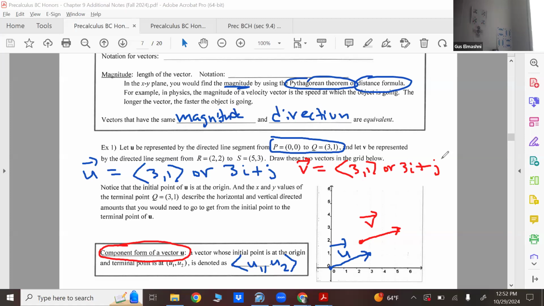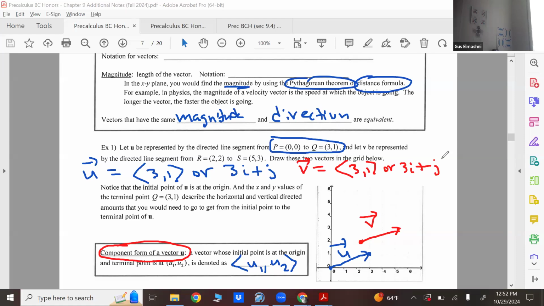And how did I compute 3, 1? All you're doing is subtracting the x's and subtracting the y's. What's 5 minus 2? 3. What's 3 minus 2? 1. So in order to determine these components, all you have to do again is look at the run and rise, or simply subtract the x's and the y's. So like this, the difference in the x's here is 3, the difference in y is 1, likewise in the red vector. And then we write it like this: u1 comma u2 or v1 comma v2, and we use these little triangular bracket things.